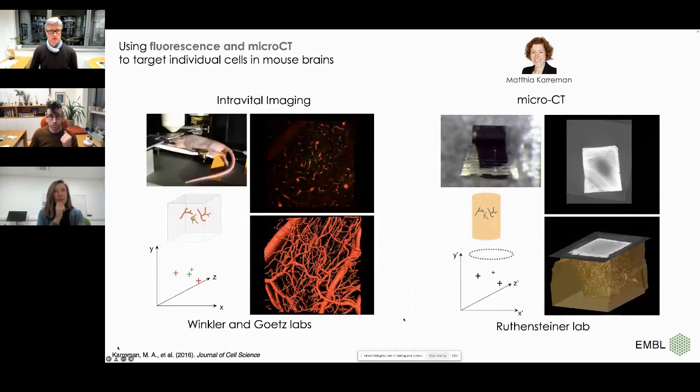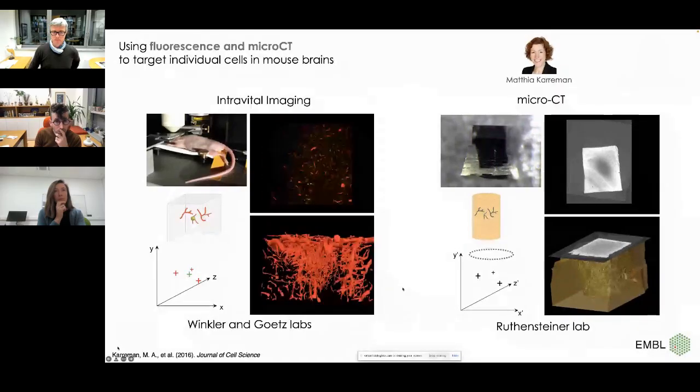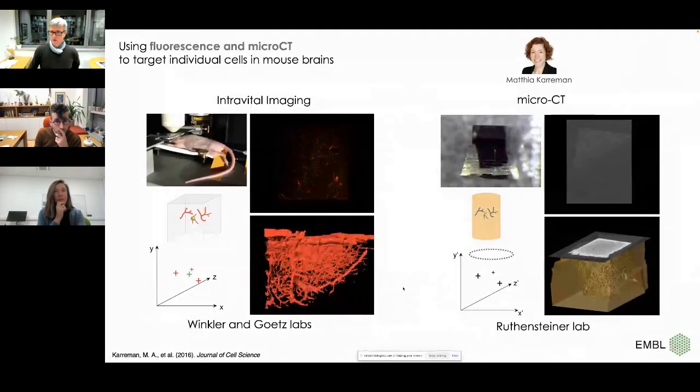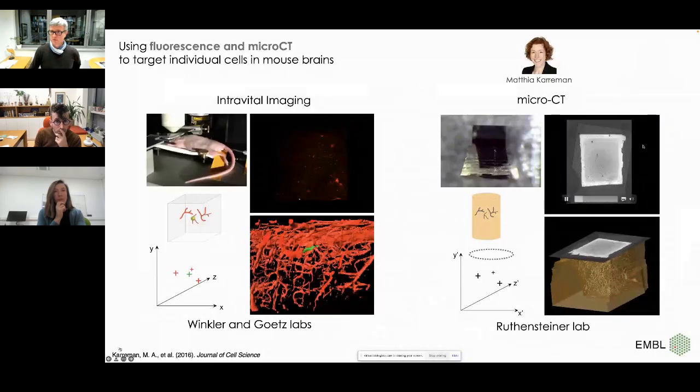You have multiphoton imaging in the living mouse, where we can find the target cell, a bit in the middle of the field here. At the same time, we also image the vasculature, which makes a very nice 3D coordinate system. Prep for EM, and you will recognize that we can image inside the tissue.